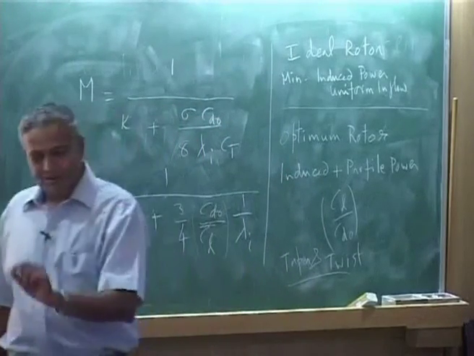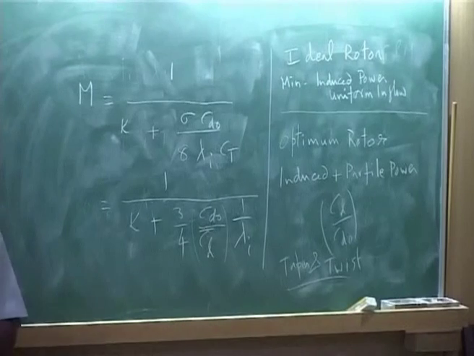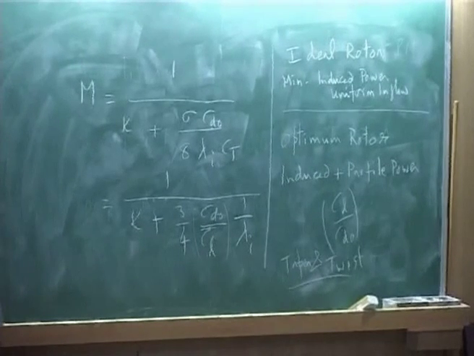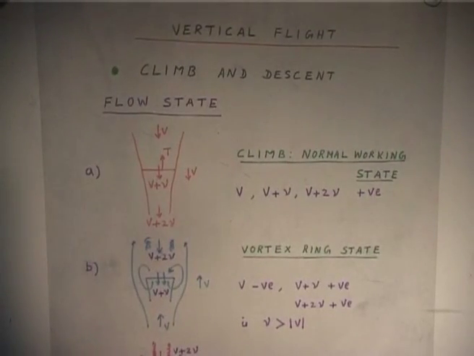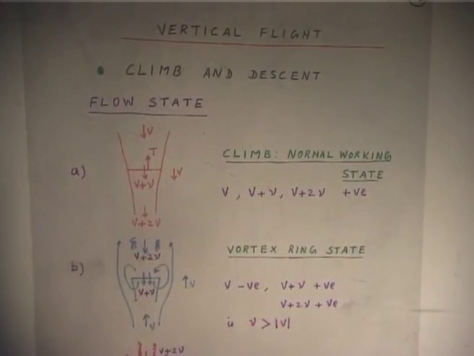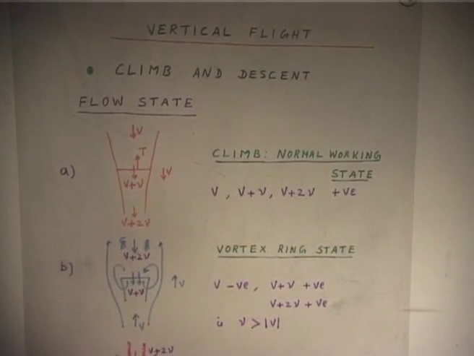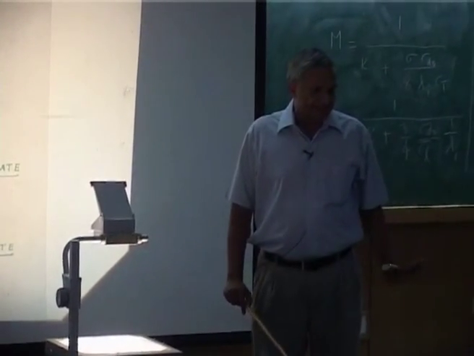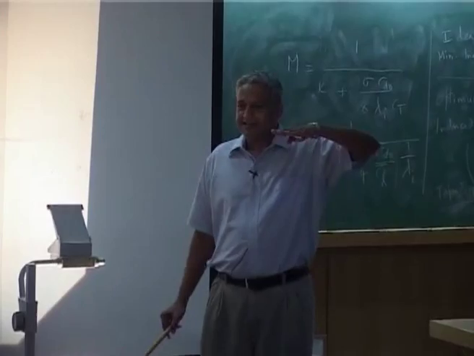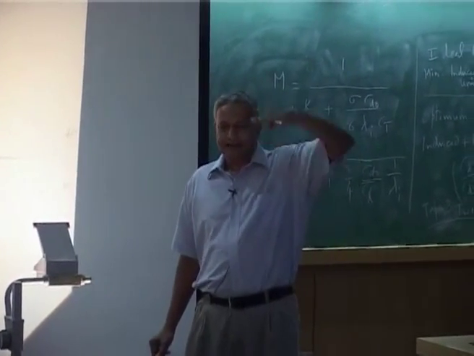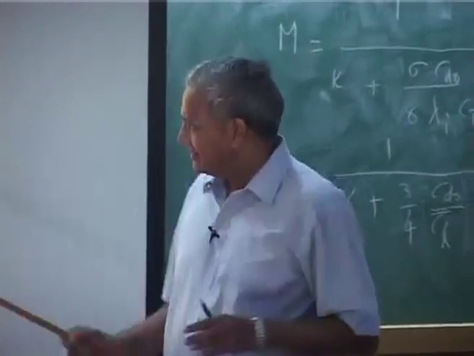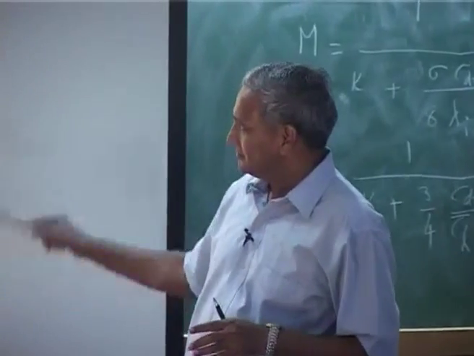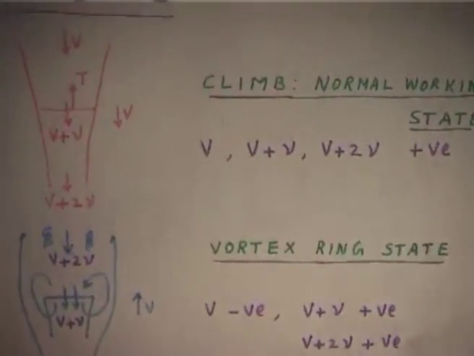Today I will introduce the basics of climb and descent, whatever derivation we can give, but there is a lot of discussion on climb and descent itself. When we say vertical flight, either it can go up or it can come down. That is all. You say the helicopter is hovering, or you are climbing. Now, in this particular diagram, there are 4 diagrams I have shown.